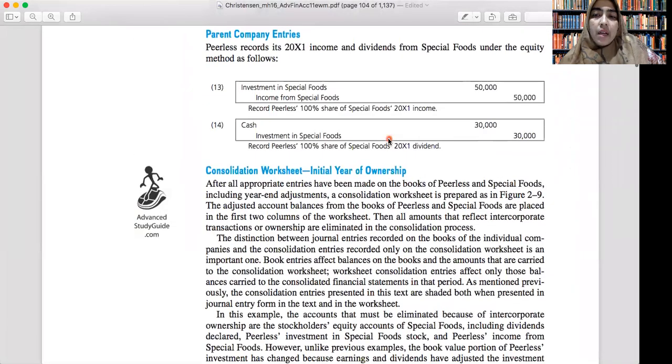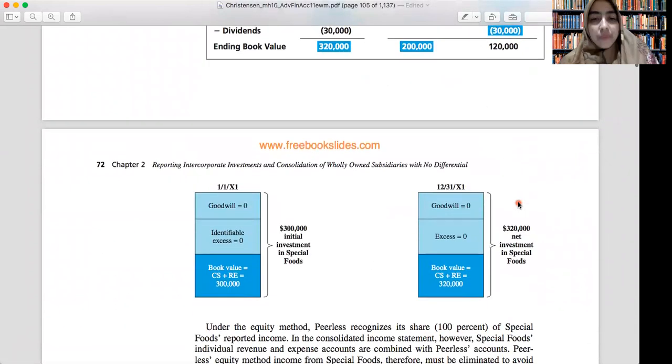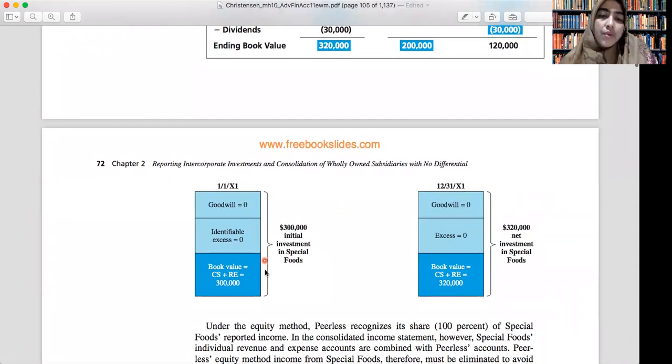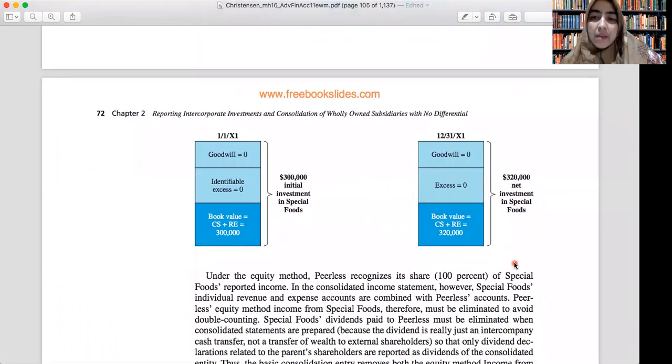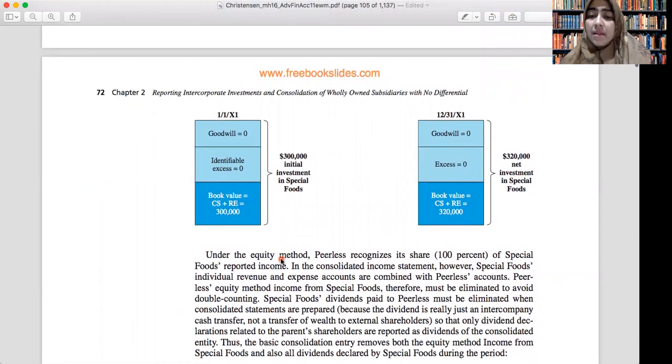Then a dividend will decrease the total investment. So the ending book value becomes 320,000, coming from 200,000 common stock and 120,000 retained earnings. Once again, this is the initial investment, and now this is the net investment in Special Fruit, which is becoming 320,000, right? Under the equity method, Pillars will recognize its 100% share of Special Fruit.